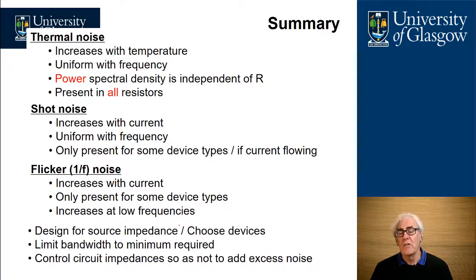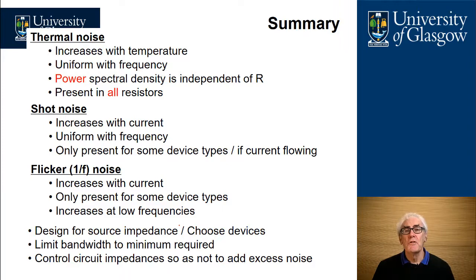So when you're designing your amplifiers and your systems, you need to consider the source resistance and the type of signal you're receiving from the detector or the sensor, and choose your amplifiers accordingly, trying to match the amplifier performance, and the amplifier noise performance in particular, with the individual sensor or detector that you're using.